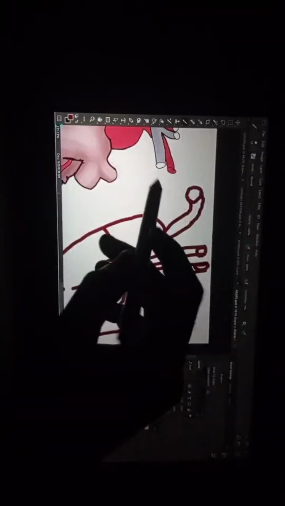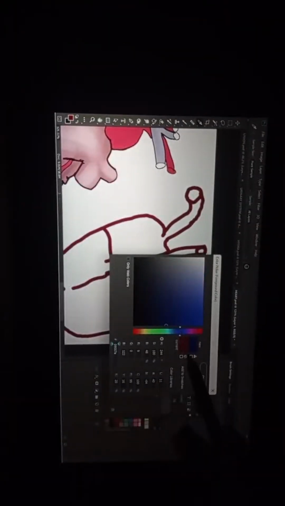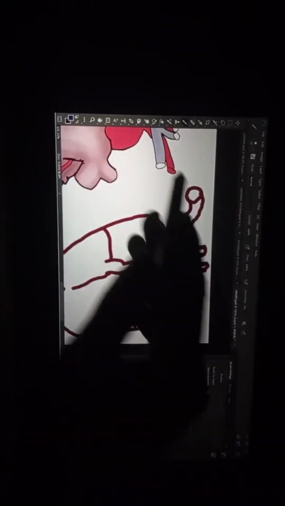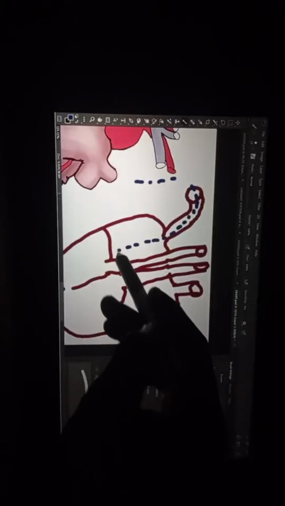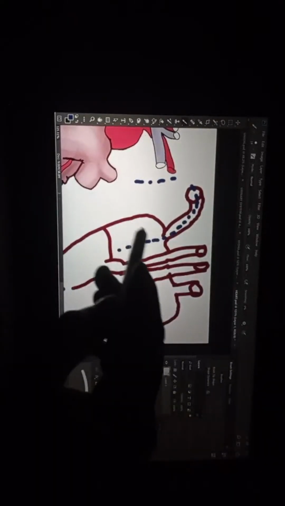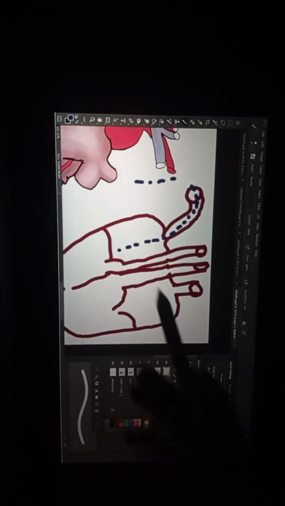So this one is where the blood will come in, and the blood coming in through this is deoxygenated blood. This blood will enter this chamber here, which is called the atrium.